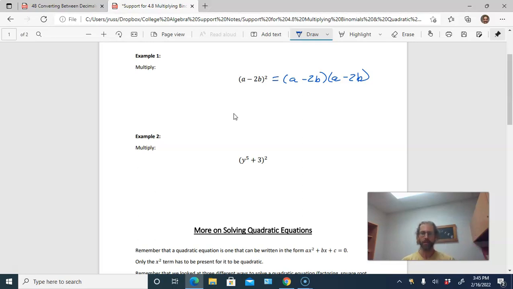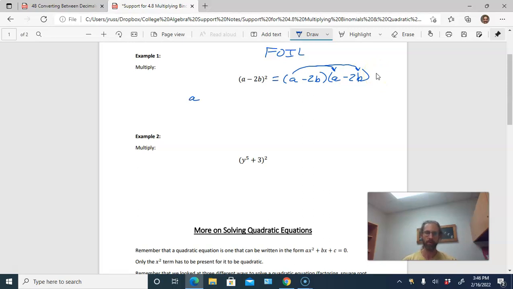And so to actually do this, you can utilize, I mentioned this previously, the FOIL method. Or basically, you can think of it like you're going to distribute the first term of the first binomial to both terms in the second binomial, and then you'll distribute the second term to both terms in that second binomial. Okay, so we have a times a.